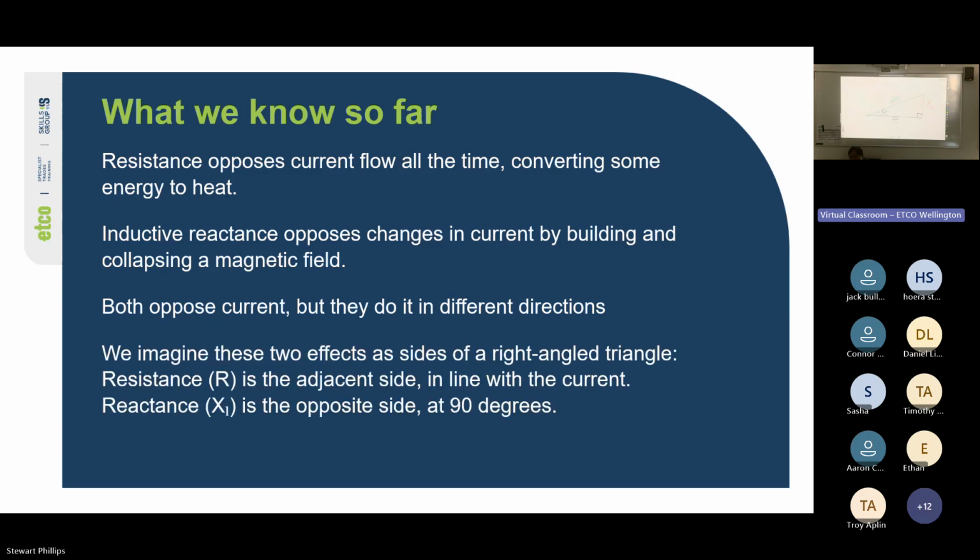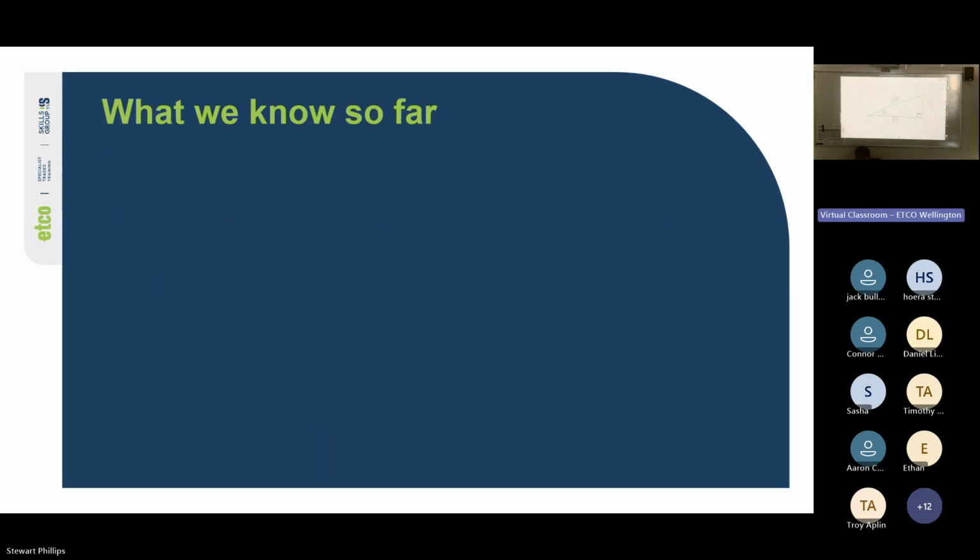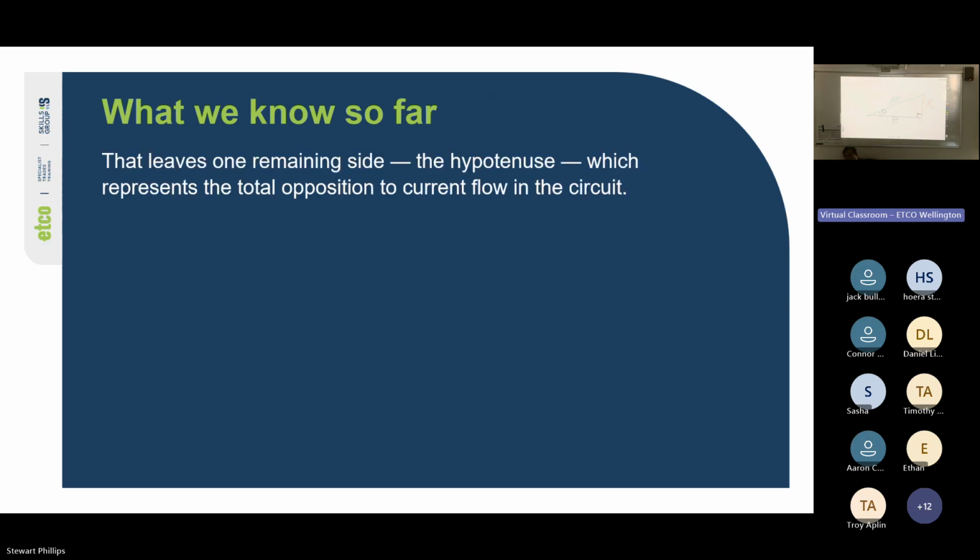So if we imagine these two effects as sides of a right angle triangle, like we drew on the board, resistance R is the adjacent side in line with the current, and then reactance XL is the opposite side at 90 degrees. So that leaves one remaining side, the hypotenuse, which represents the total opposition to current flow in the circuit.